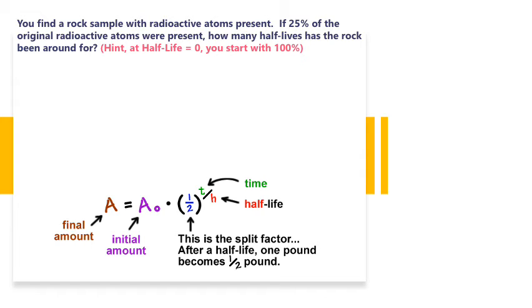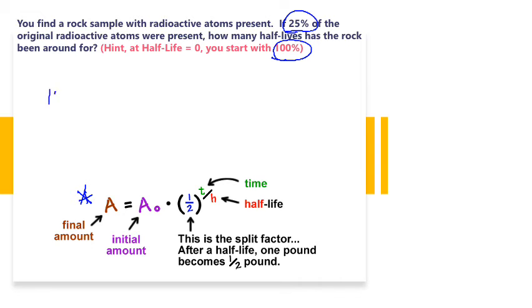But the question is saying that you have 25% left, so that's the final amount. And you started out with 100. Because you're basically trying to date the rock, you probably would have used some type of carbon dating here.